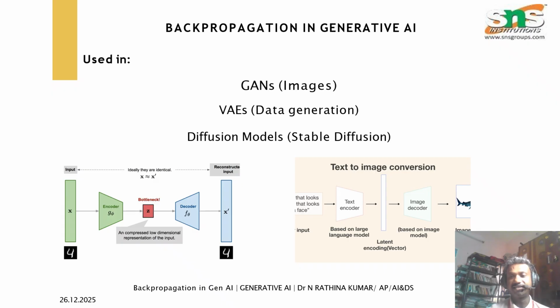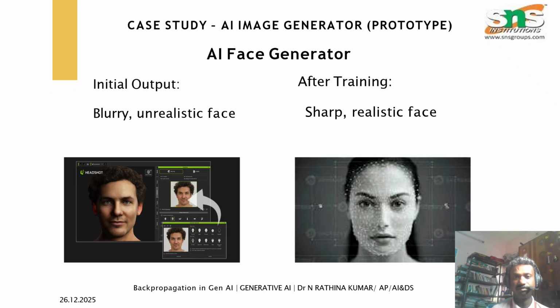Then next, this is one case study I have taken: an AI face generator. Initial inputs are blurry, unrealistic faces. After the training, the face becomes a sharp and realistic face. So that is the difference. See these two diagrams. With the help of the diagrams, you can easily understand this particular concept.